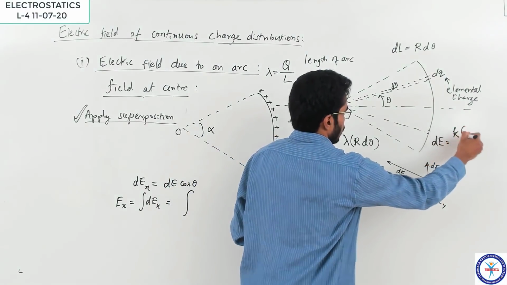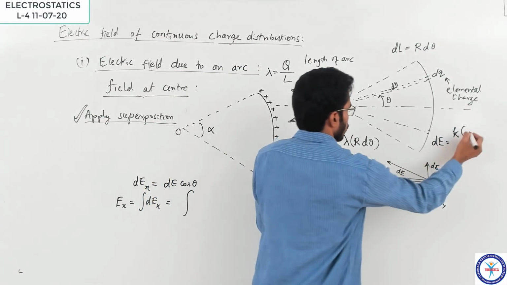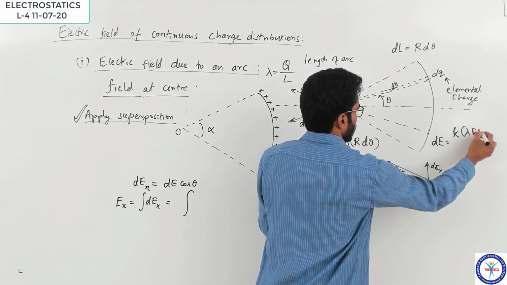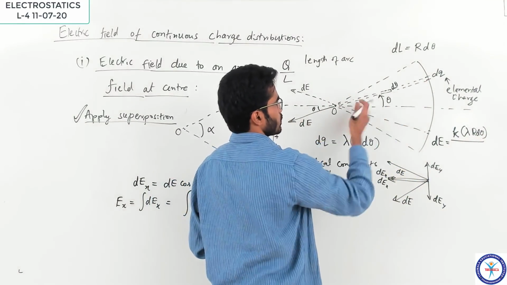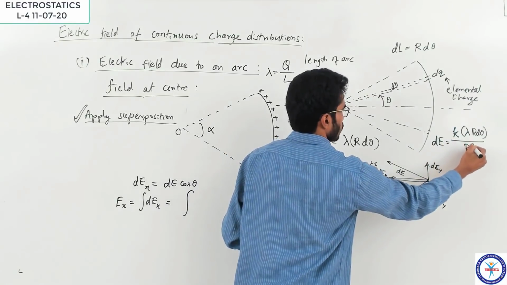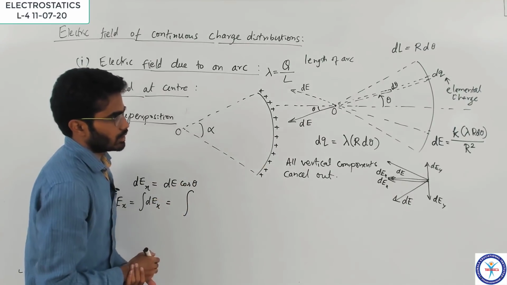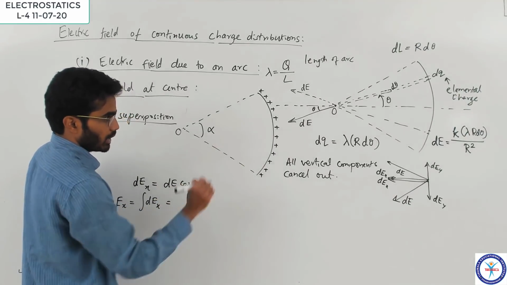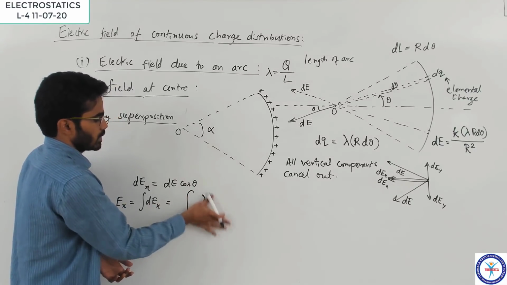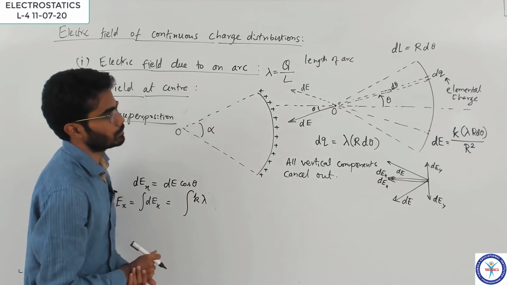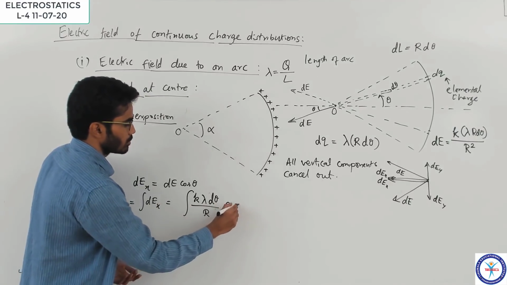So k into q, the small charge, is lambda r d theta, kq by r square, the distance. Distance is the radius itself. So we'll substitute that here. One r cancels, so let's write k in front: k lambda d theta by r, cos theta.